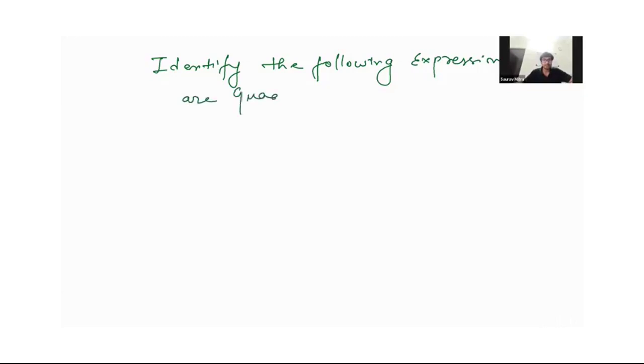We will identify whether some expressions are quadratic equations or not.